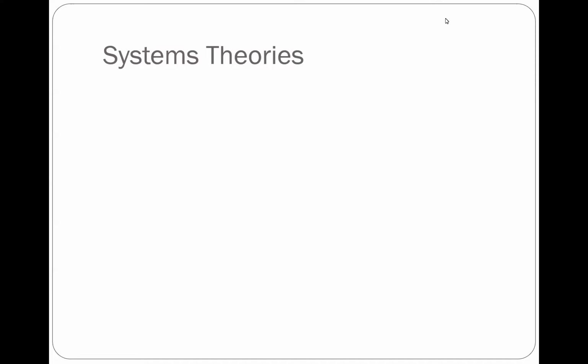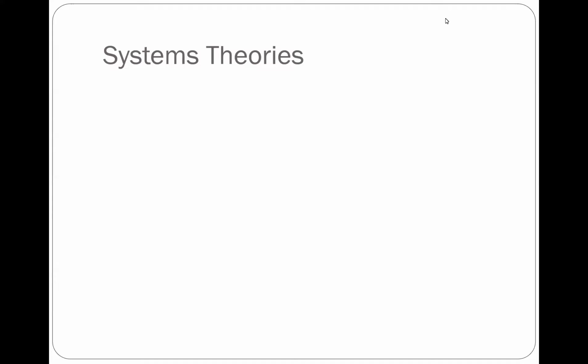Because at the end of the day, we're studying these organizations to reform them, with the purpose of making them as effective as we possibly can. So that's a little recap of where we have been.